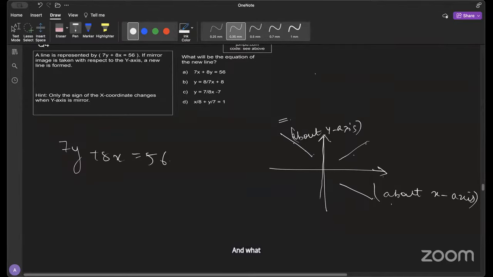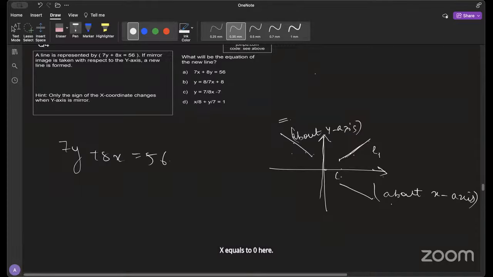And what do we do here? When this line, let's say this is L1, and you need to find the equation of its image about the y-axis, you keep y the same because the height is the same. If you take this point, it's equally distant from x equals 0.